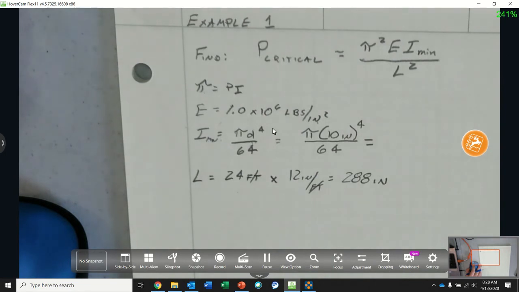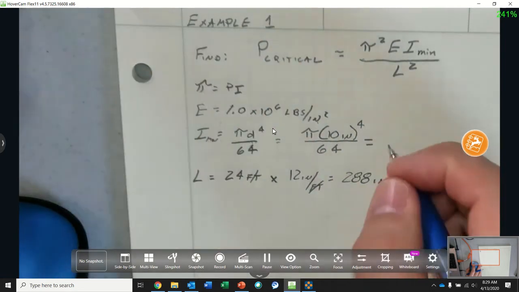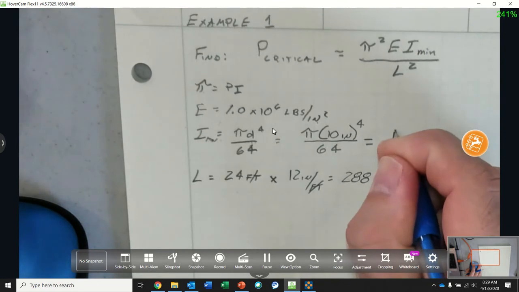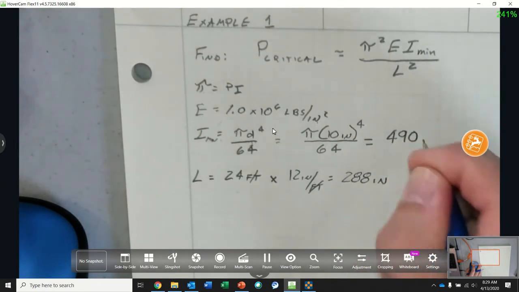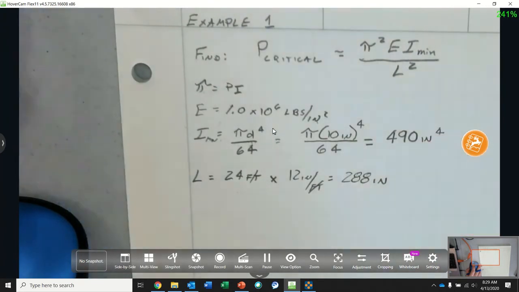There it is. Pi times 10 raised to the fourth divided by 64. I get 490.87. I'm going to round down to whole numbers: 490 inches to the fourth.